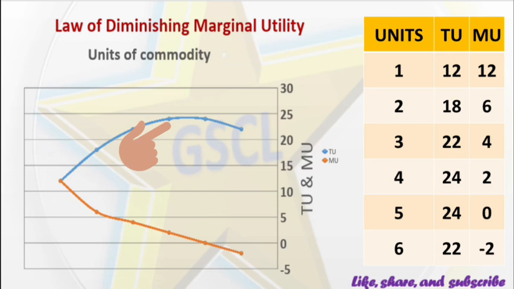The total utility is at the highest level at the 4th and 5th units of consumption. After that, when the marginal utility falls to negative, the total utility starts declining.